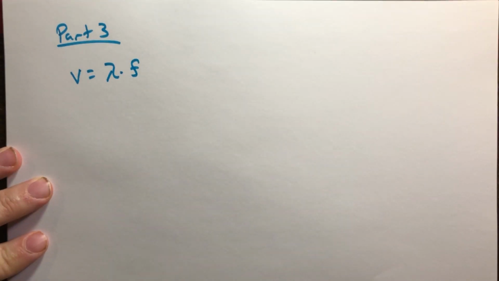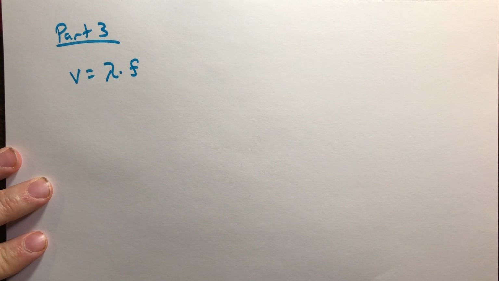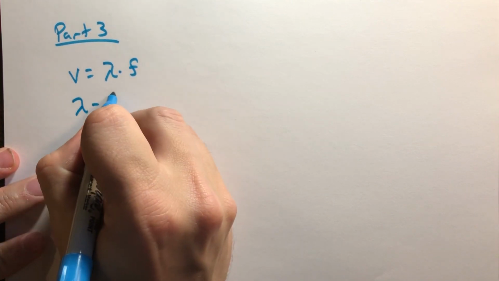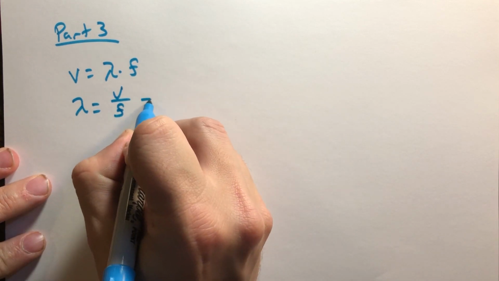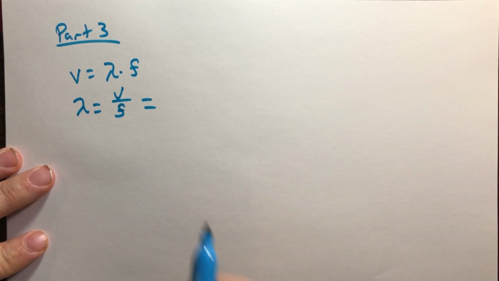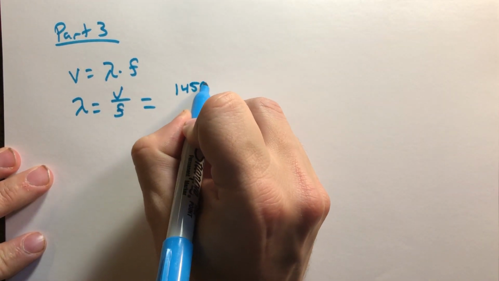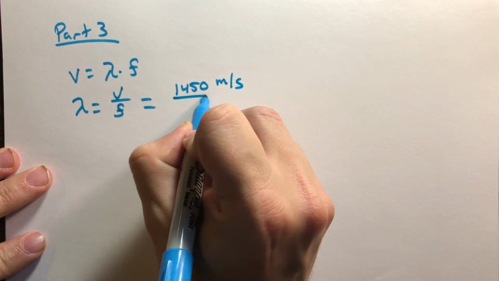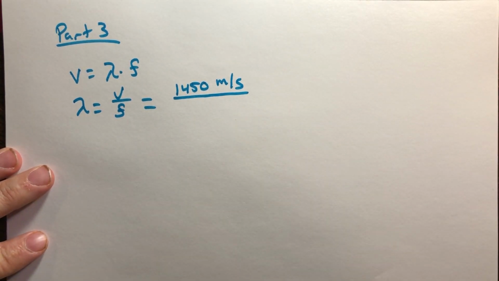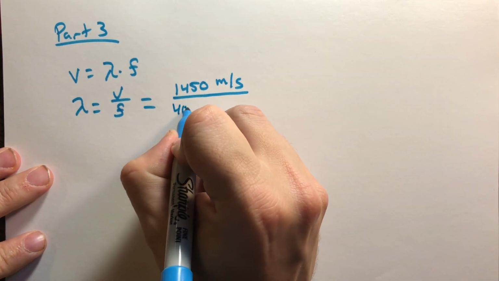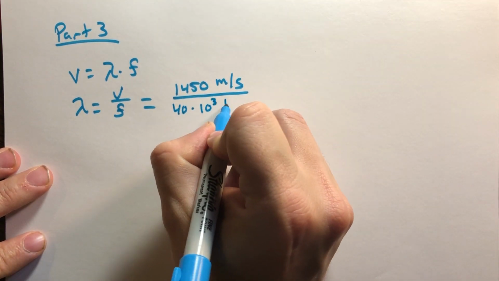So if we were trying to solve for wavelength, do a little bit of algebra, we get wavelength is just velocity divided by frequency. Velocity, we just said, was 1,450 meters per second. We divide that by our frequency that it gave us of 40 kilohertz, which is 40 times 10 to the third hertz.